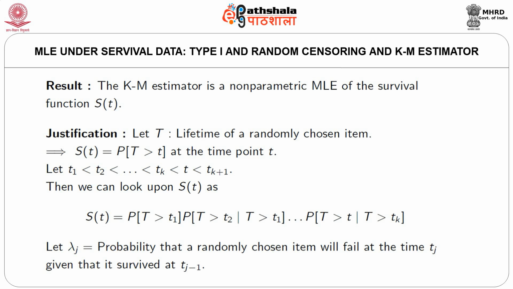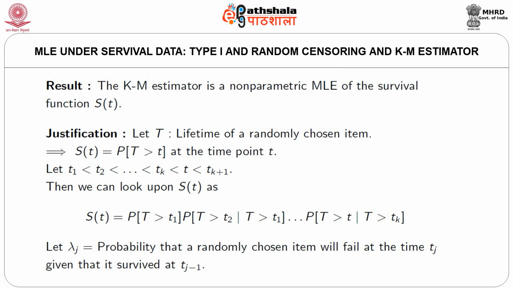As a justification, let capital T denote the lifetime of a randomly chosen item. This implies the survival function capital R at the time point t is defined as R(t) equal to the probability that capital T is greater than small t. Let small t1 be less than small t2 ... less than small tk, less than the time point small t, and that is again less than say another time point tk plus 1.